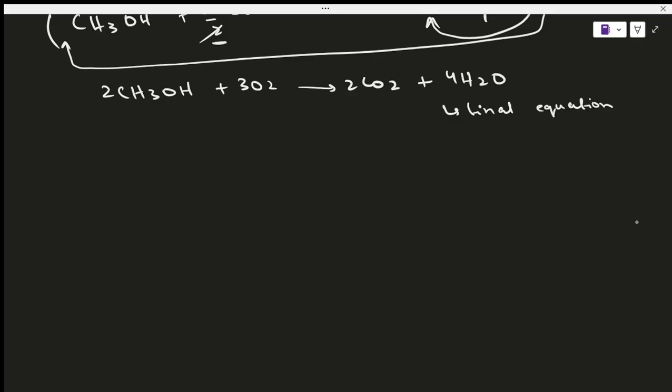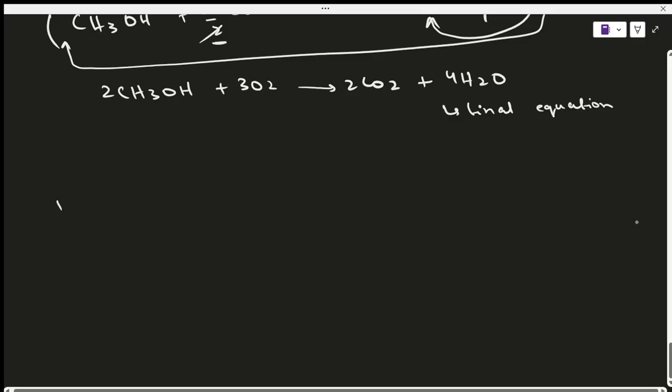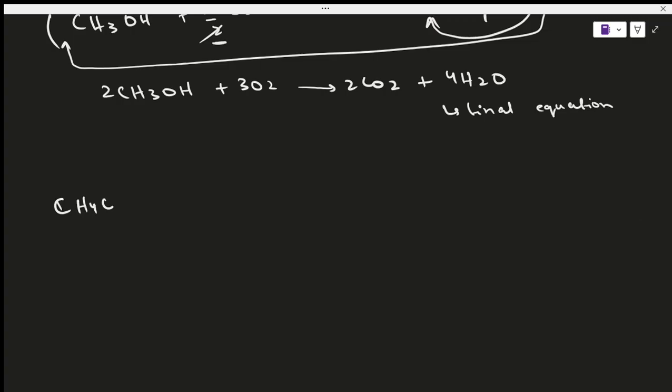So propanol is going to be, I'll just write the chemical equation. So that's CH4OH, that's in a liquid state, right? And plus I'm going to have O2, then carbon dioxide plus water. Oh yeah, I forgot one thing, sorry.